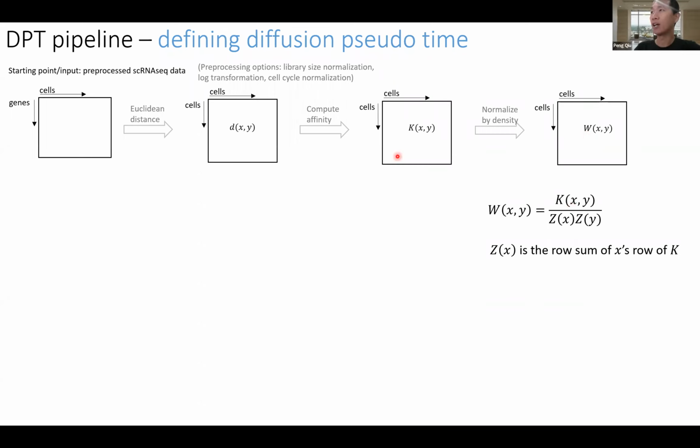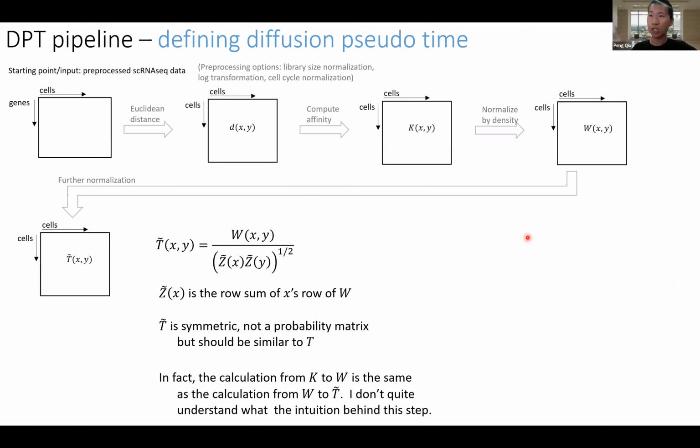And after that, this paper did another normalization from W to T tilde. And the formula is actually almost the same. From W to T tilde, the normalization is still done entry by entry. For each entry in the T tilde matrix, they look at the corresponding entry in W and then divide by the product of the row sum and the column sum, with a square root here.